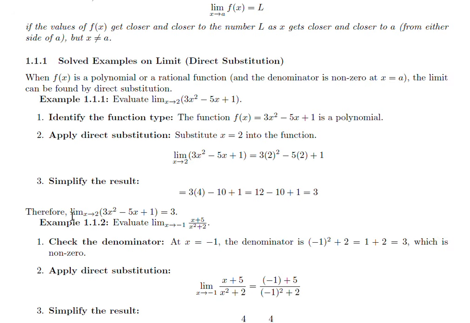Now the interpretation of this answer is, it means that for this function 3x squared minus 5x plus 1, as we keep substituting values that are approaching 2, values like 1.9, 1.91, 1.95, 1.97, 1.99, we'll see that the results we'll be getting will be approaching 3 as well.